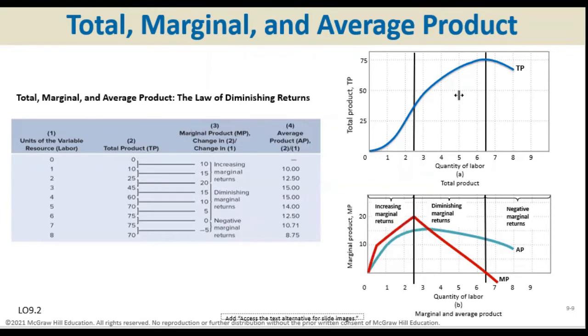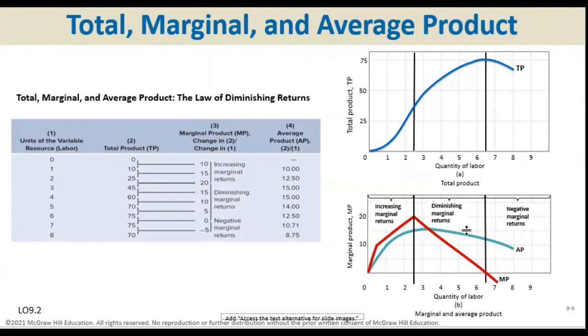Then what we see over here is the total product continues to increase, but at a diminishing rate, not like the first section of the graph, right? And that translates to diminishing marginal returns, and the marginal product is decreasing.